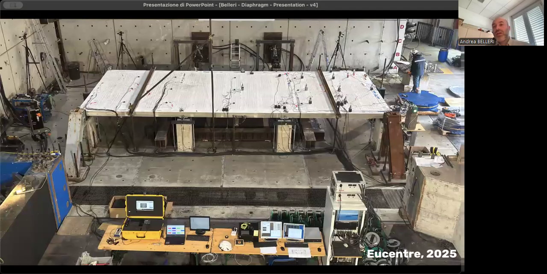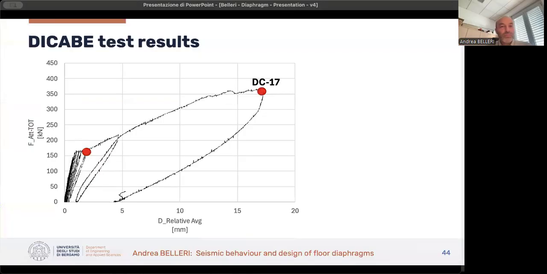Here is how the specimen looked before the test. You can see the 2 actuators in the middle of the top of this figure. Here you can see the preliminary results. We are still in the process of post-processing all these results. The test was carried out last December.